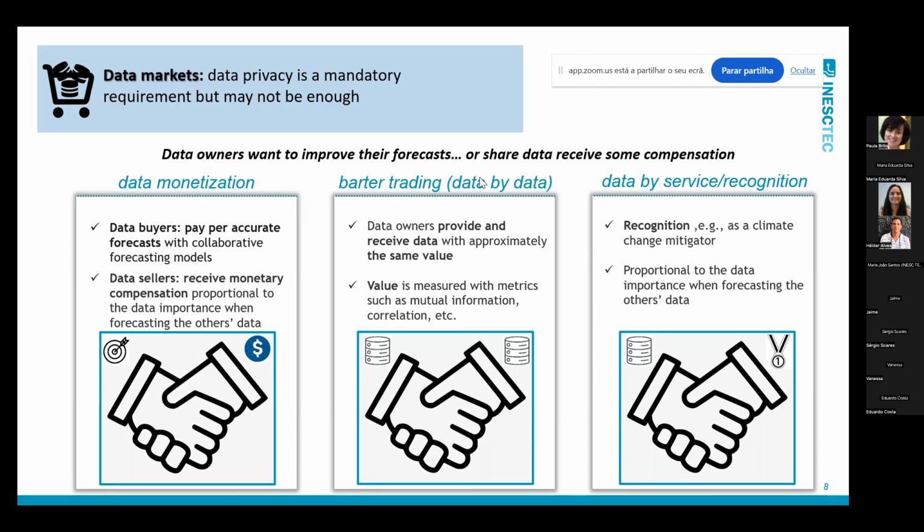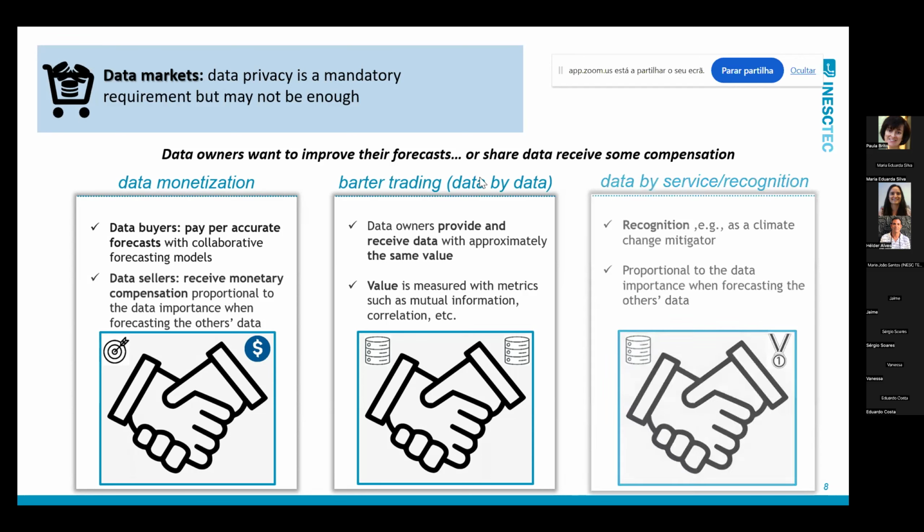So I'm able to share my data because I believe it is helpful to some model or to help mitigating the climate change. And that's it. So today I will focus on the first two groups, but data altruism and recognition can be easily integrated into the solutions that I will discuss.